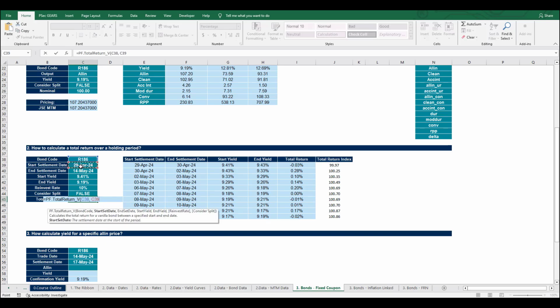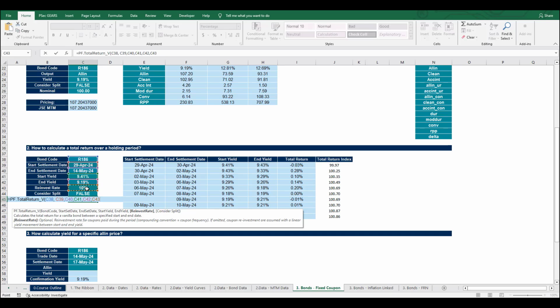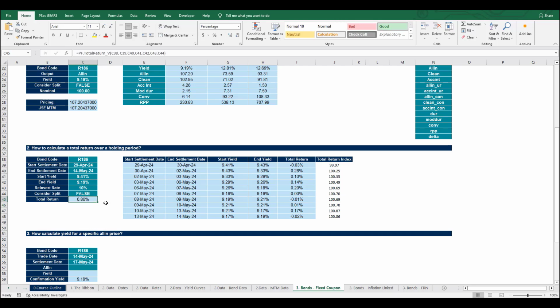We're going to input the start settlement date, the end settlement date, so your investment horizon, what yield you bought the bond for, as this will reflect changes in all-in prices, and then the reinvestment rate in case it pays a coupon, which is unlikely in a 10-day period, and then consider split, which is not strictly necessary, but let's put this here. And our total return for the period was 0.86%.